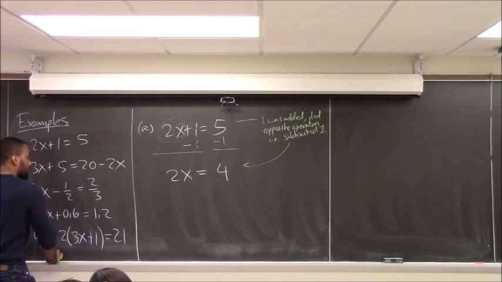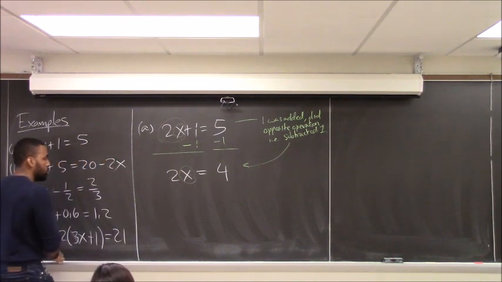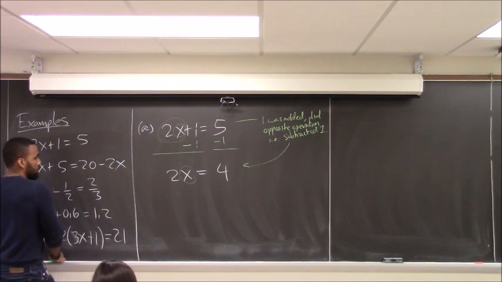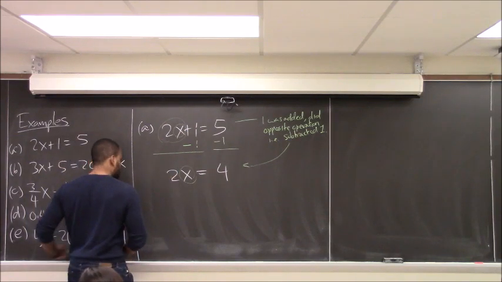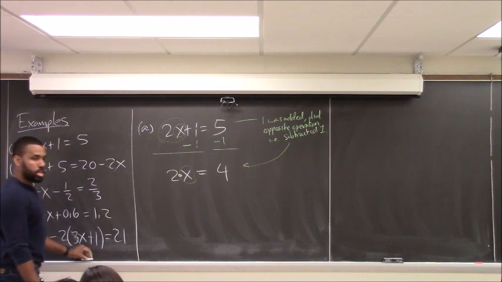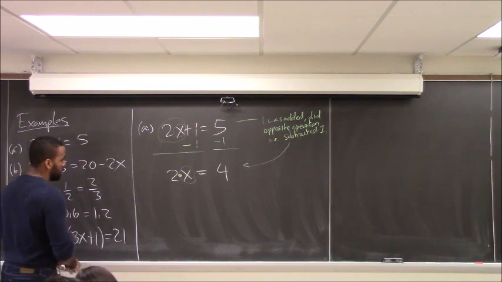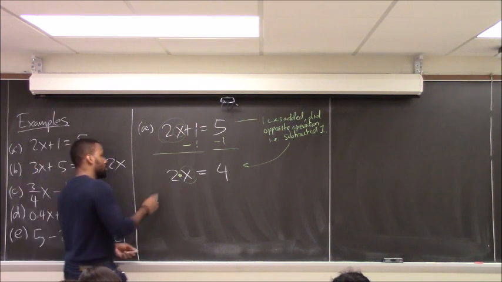Now, here, again, you want to isolate your variable. It is attached to this 2 via multiplication. So we think of division as being the opposite of multiplication. And so what I can do is divide both sides by 2.